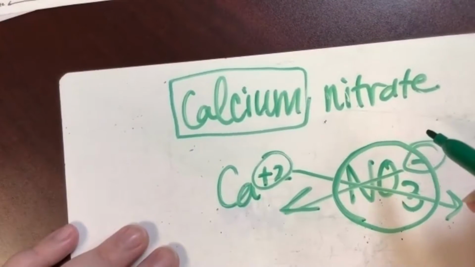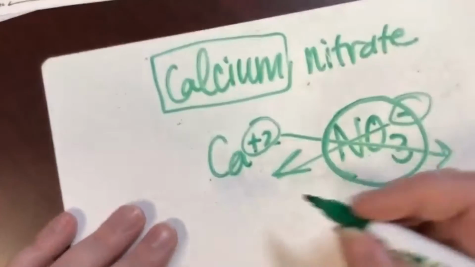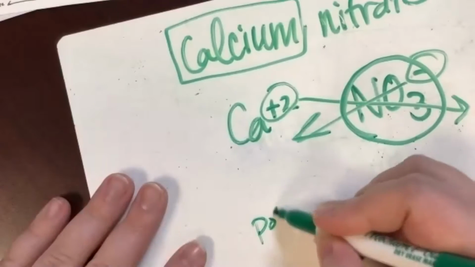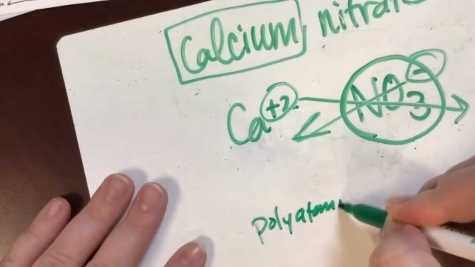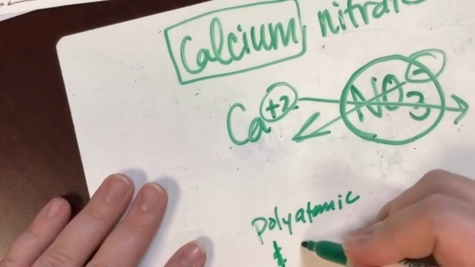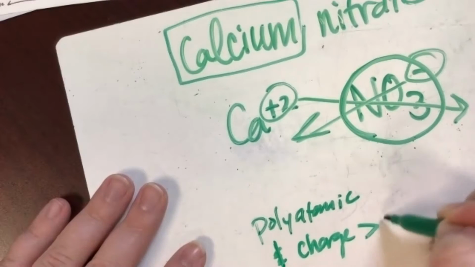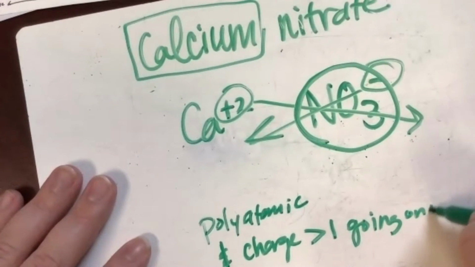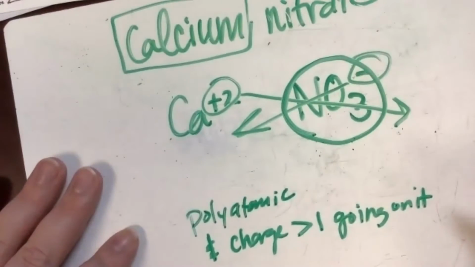So the question is, do I need parentheses or not? The way you know if you need parentheses is if it's polyatomic and has a charge greater than 1 going on it. Okay, that's how you know if you need parentheses.